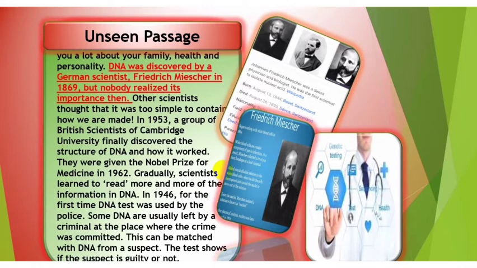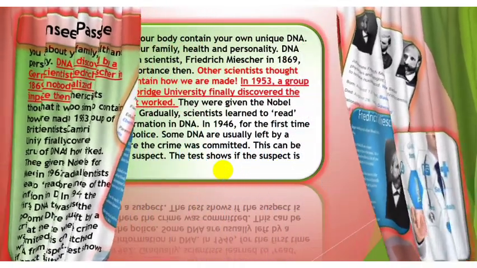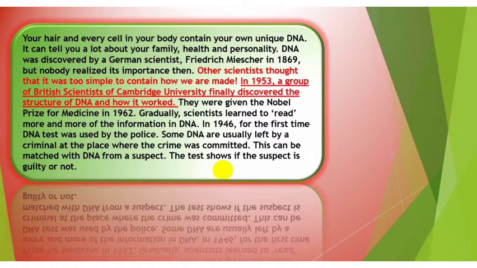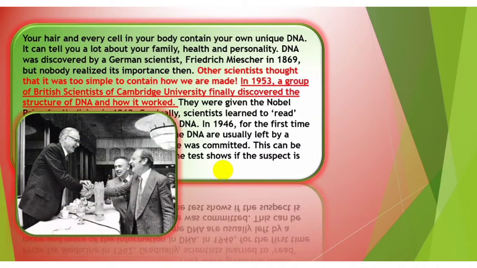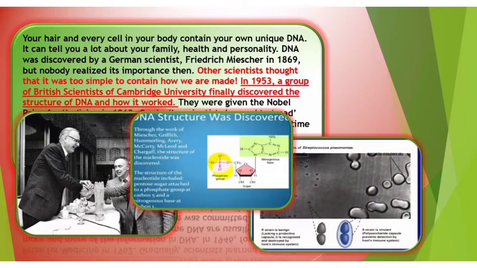So, please mark this line. Other scientists thought that it was too simple to contain how we are made. In 1953, a group of British scientists of Cambridge University finally discovered the structure of DNA and how it worked. Also mark this line, please.